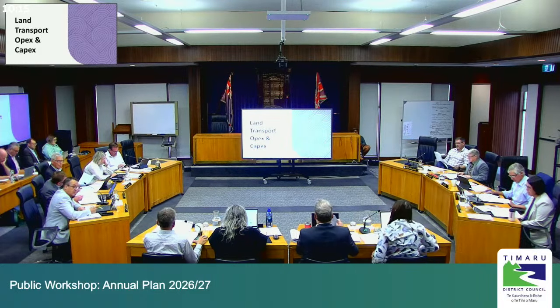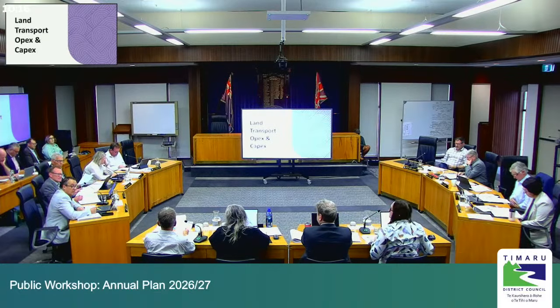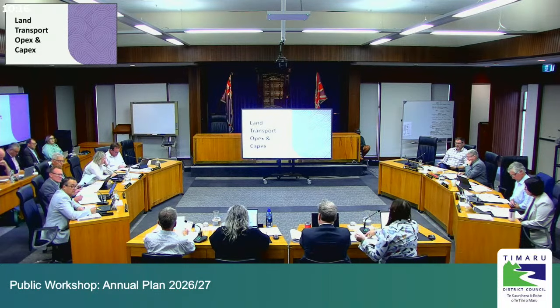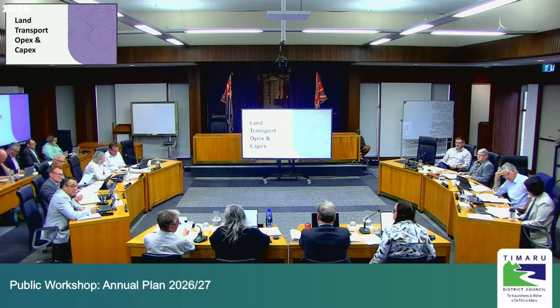I'm not convinced we need, it's more the OPEX that we should be looking at than this. Yeah, I agree. Because if NZTA is going to put in 12.7, are we comfortable to actually match it? Because we had a quick look at the depreciation that roading gets, and it's about 18 million in depreciation.